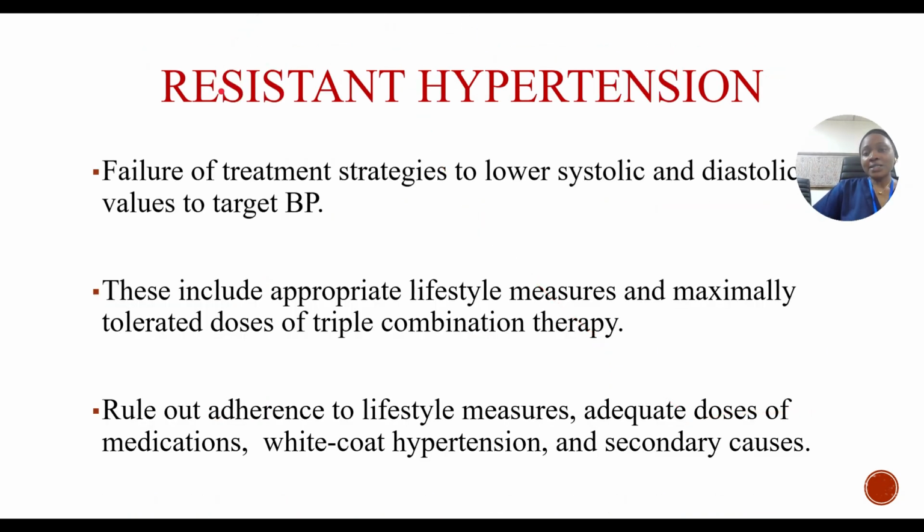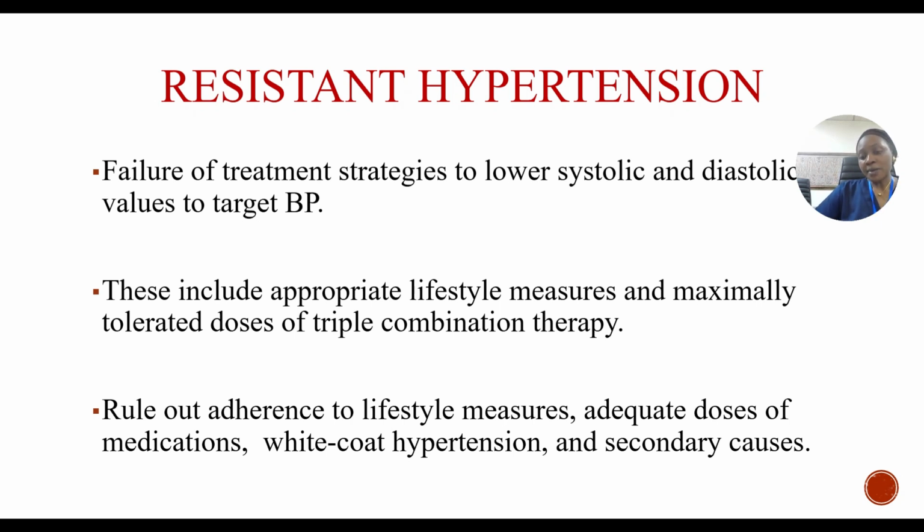Now, we mentioned resistant hypertension briefly, and to elaborate on that, this is when we've used all the treatment strategies. So we've used both lifestyle measures and the maximally tolerated doses of triple combination therapy, and this has failed to lower systolic and diastolic values to the target blood pressure. When a patient presents with resistant hypertension, we need to ask critical questions. Are they adhering to lifestyle measures? Are they adhering to the adequate doses of their medications?